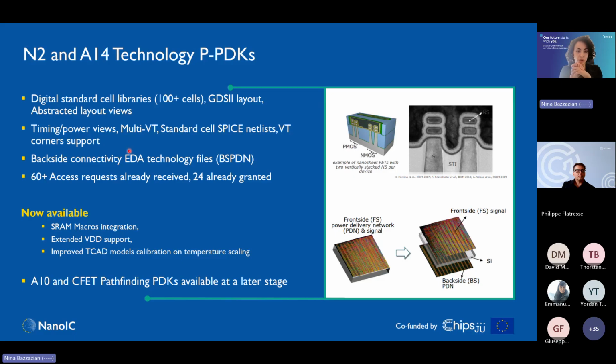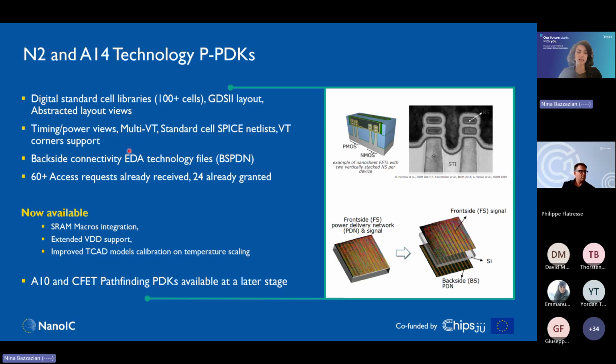Next to that, one of the key innovations that comes with this technology is what is called backside power delivery network, which is expected to be somehow a foundational technology for future nodes. And the reason behind it is to address the challenges around power delivery, which continues to increase with scaling.